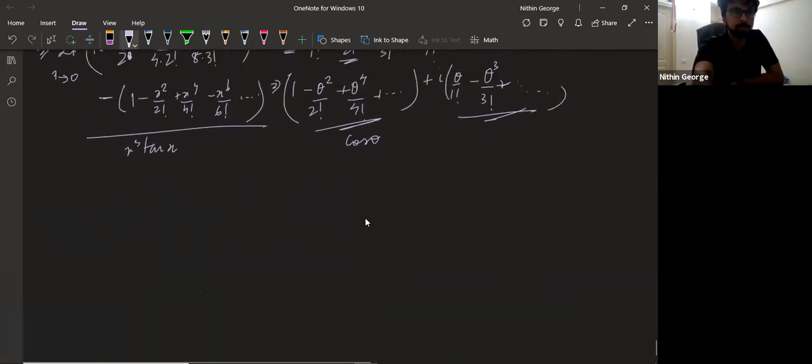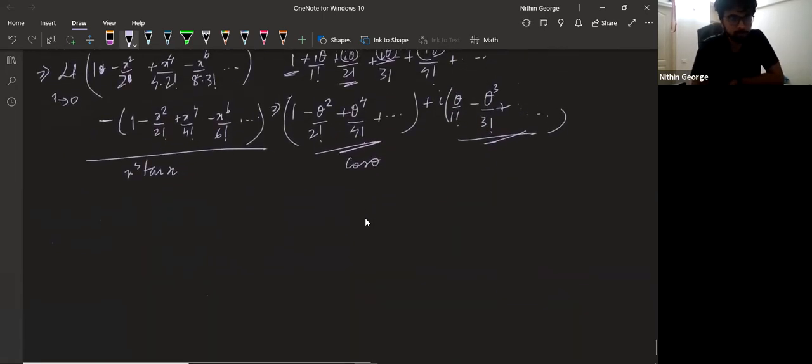It's a strategy here. Then limit x tends to 0. What happened? 1 will cancel out. Minus x squared by 2 factorial will cancel out. Then x power 4, what am I left with? x power 4 by 4 into 2 factorial is 8, minus x power 4 by 4 factorial is 24.